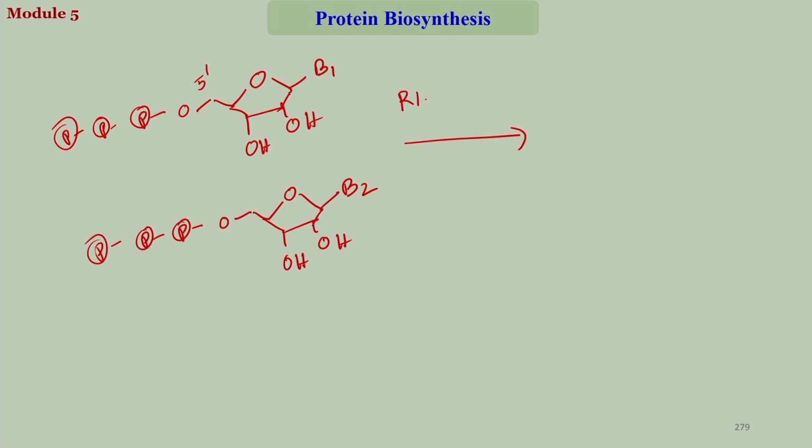So, RNA polymerase, and these are the NTPs, the ribose sugars. RNA polymerase will catalyze this reaction.